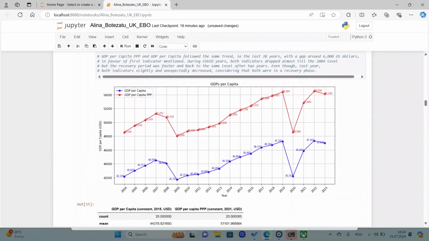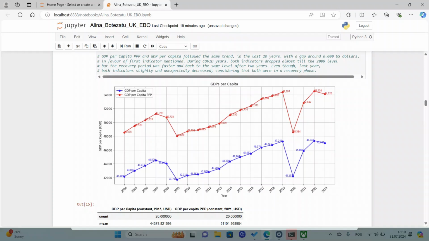GDP per capita at purchasing power and GDP per capita followed the same trend in the last 20 years, with a gap of around $6,000 in favor of the first indicator mentioned. During the COVID years, both indicators dropped almost to the 2009 level, but the recovery was fast and back to the same level after 2 years.